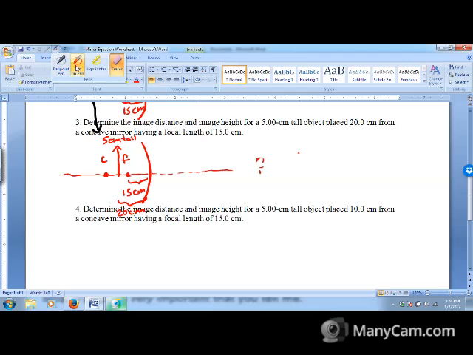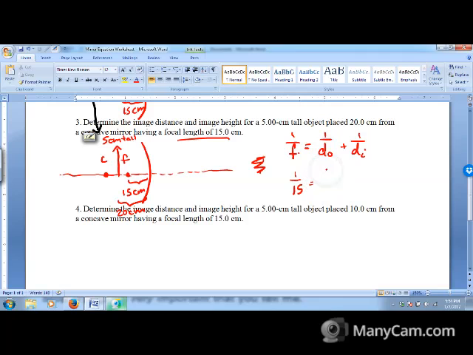All right. I know my focal length. I know the object distance. I don't know the image distance. My focal length is 15 centimeters. My object distance is 20 centimeters.